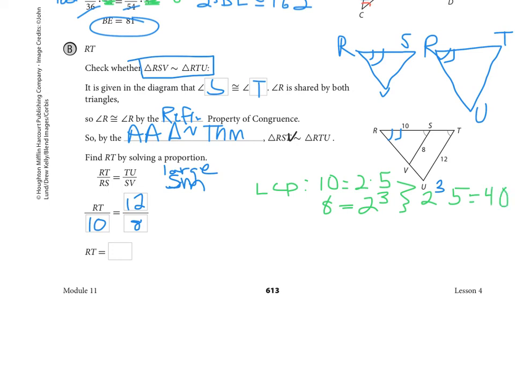So if I go ahead and introduce times 40 on both sides of my proportion here, what's going to happen is what always happens. All denominators are going to disappear with common factors in the LCD. So we're going to leave a factor of 5 out of the 40 on the right hand side, and a factor of 4 out of 40 on the left hand side.